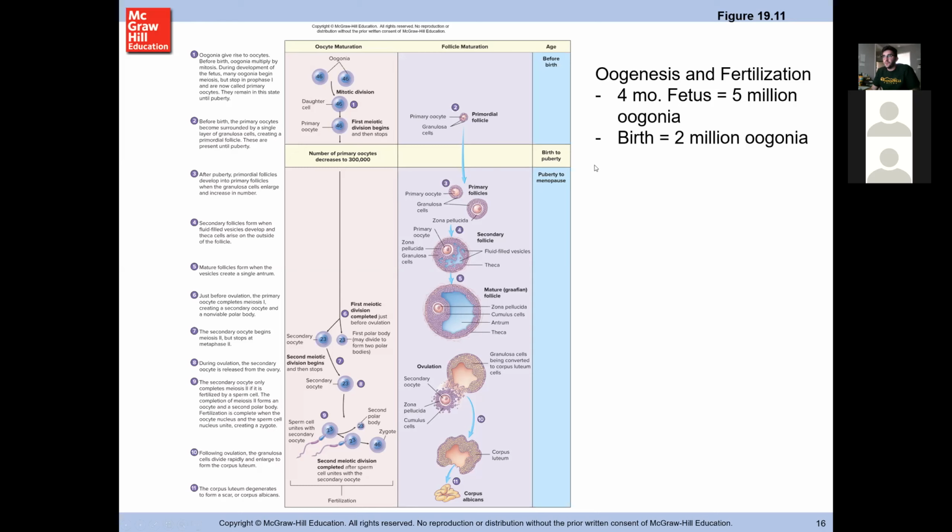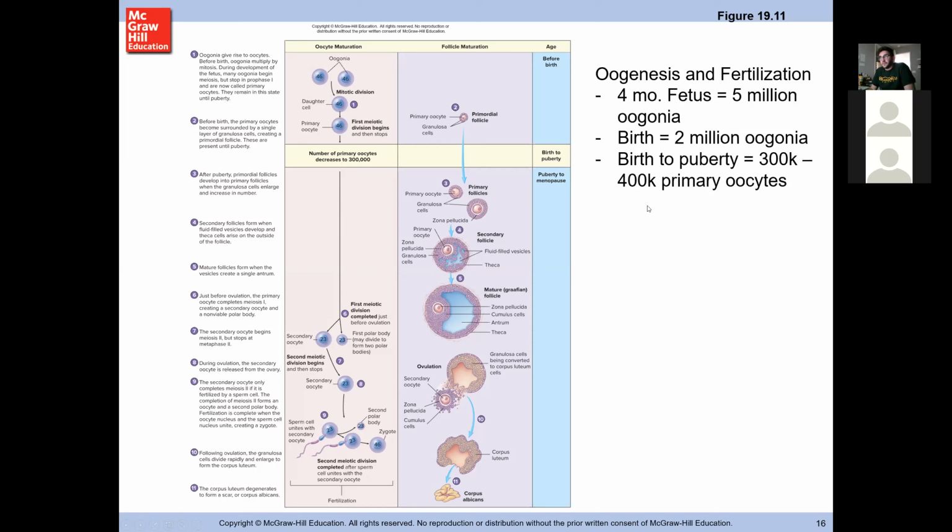And then, to kind of kick you while you're down, there's no additional development of these cells, and by the time females reach sexual maturity or puberty, they lose several more million. So from birth to puberty they end up with only about 300,000 to 400,000 primary oocytes, okay?